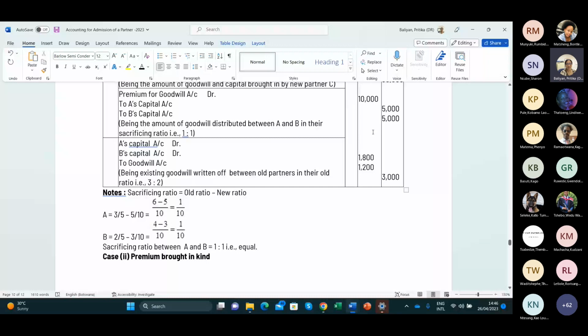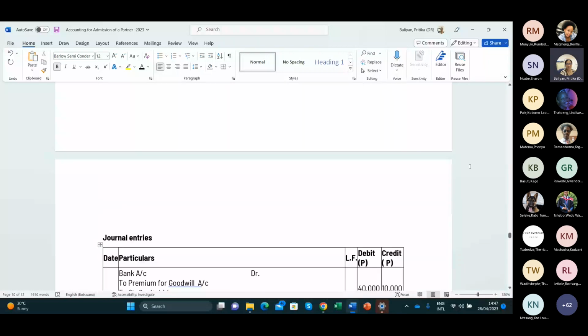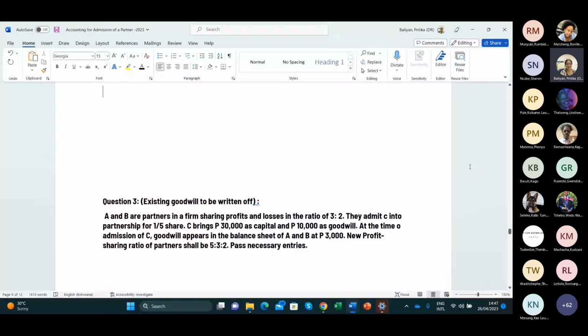And the old goodwill will be shared with the new partner. The old goodwill before the new partner joined was 3,000. It was given in the question: at the time of admission of the new partner, goodwill appearing in the balance sheet of A and B is 3,000.